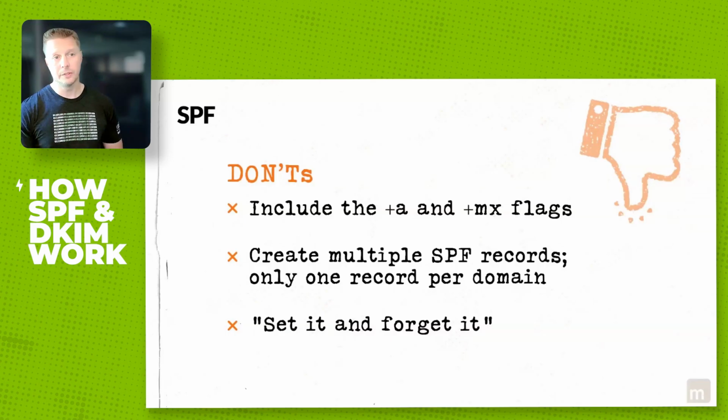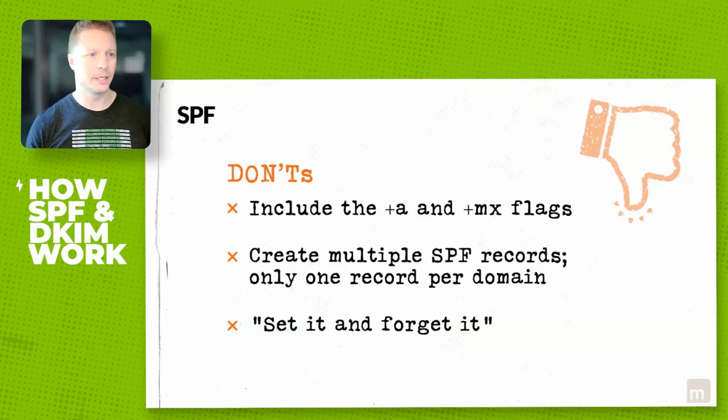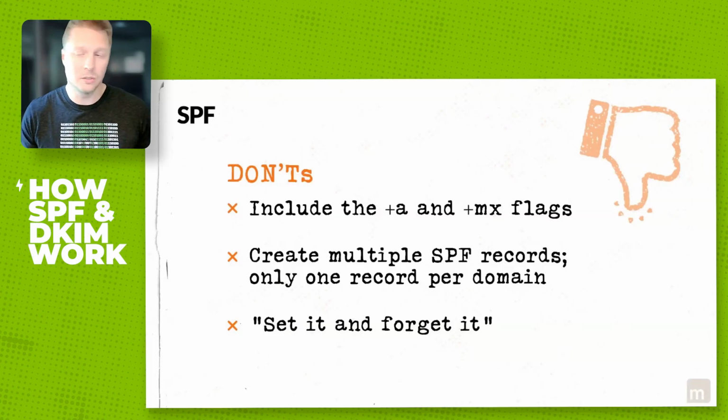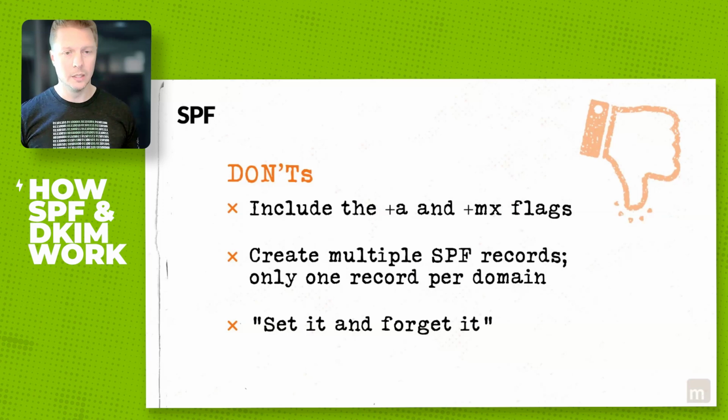What are the things you don't want to do? So one of the first and most common mistakes I see with SPF records is people include the +A and the +MX flags. Those are very often just wasted DNS lookups because in today's day and age, many of us are using hosted email. Very few of us are using on-premise email servers anymore.